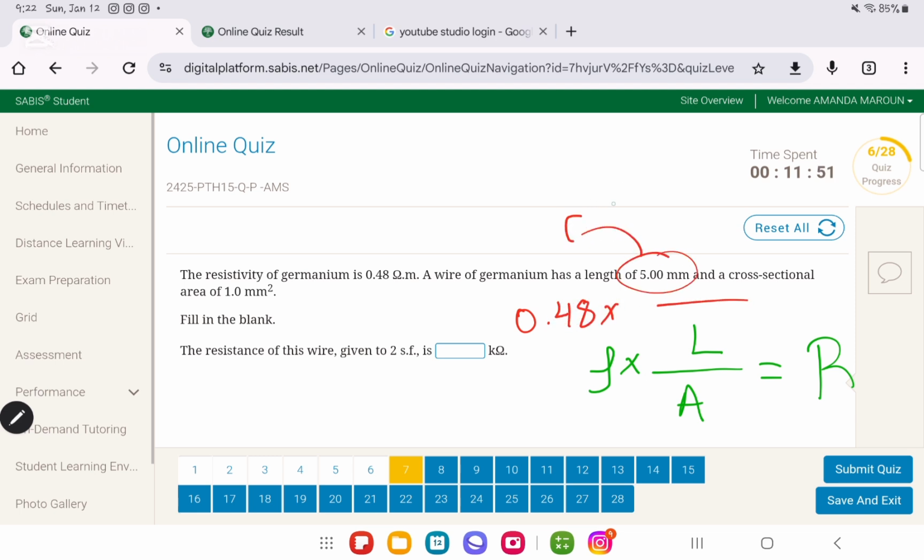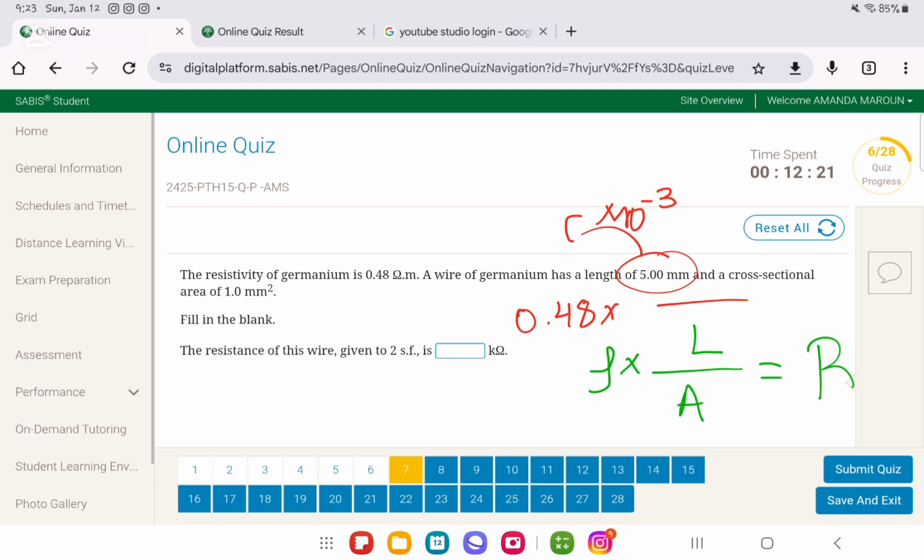To change it from millimeters to meters, we multiply by 10 to the minus 3, or we divide by 10 to the power of 3. Multiplying by 10 to the power of negative 3 and dividing by 10 to the power of 3 is the same exact thing. So from millimeter to meter, times 10 to the power of minus 3, it is going to give you, let me just do it on my calculator.